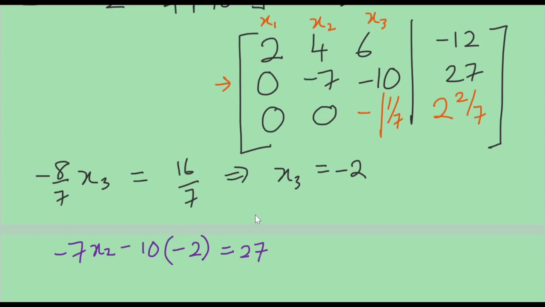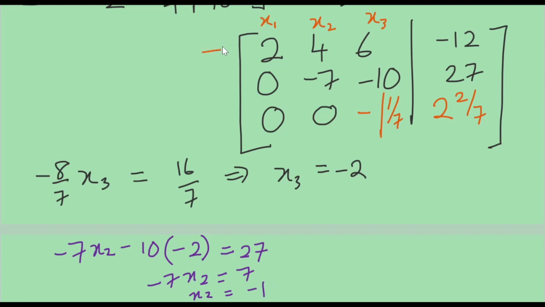And when we bring it here, it becomes negative 20. So 27 minus 20 would be 7. So negative 7x2 equals 7, which means x2 is equal to negative 1.